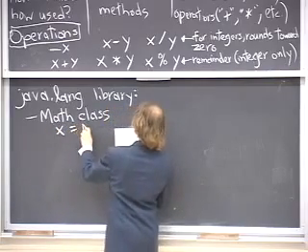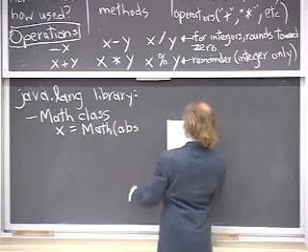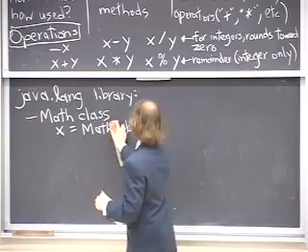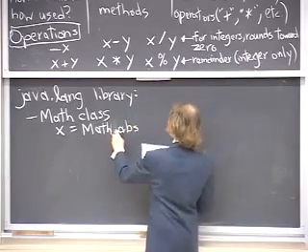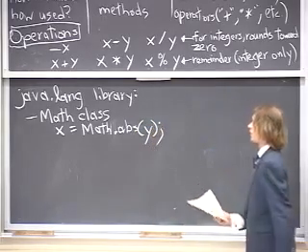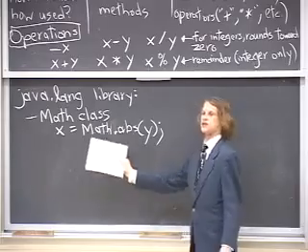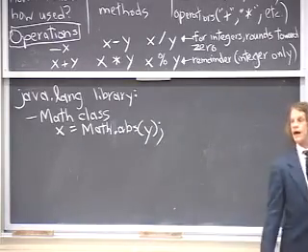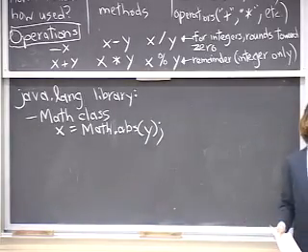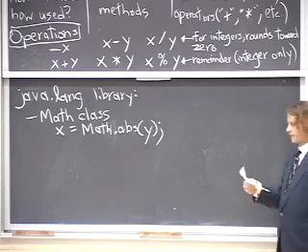For instance, if I want to take the absolute value of a number, here's a way to do it. I call the abs method, which is defined in the math class. It's a static method, so you don't call it on a particular object, you just call it on the whole math class. And I feed it in a number, which could be a float or an int, and I get out the absolute value of that.